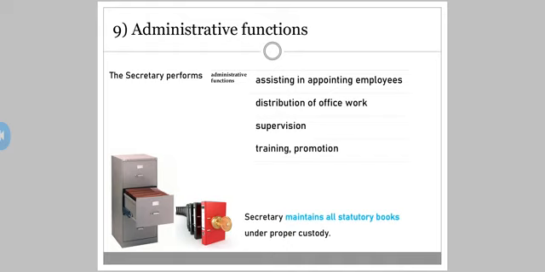The word custody itself says care, taking care of, or keeping it safe. The secretary maintains all statutory books. Statutory books are nothing but the key registers, or the other official records of the company. So these are the 9 important functions which a secretary is supposed to do in an organization.